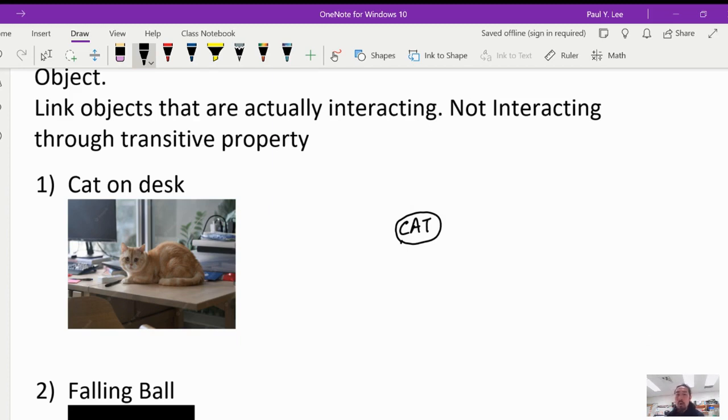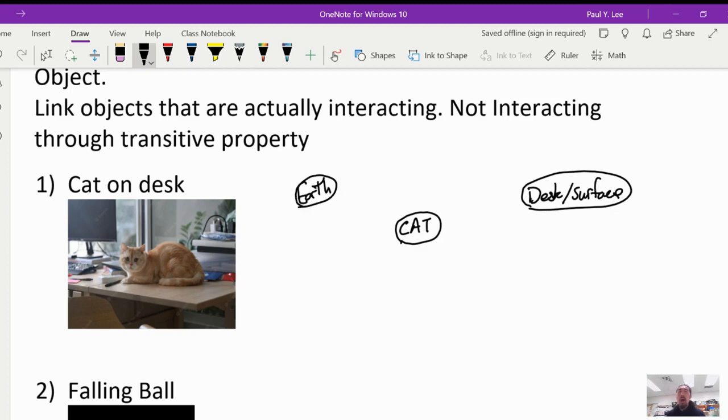Now, around the word cat, I want to write all of the other objects that could be interacting with this cat, such as the desk slash surface. I'm going to circle that. And because we're here on Earth, I'm also going to write the word Earth.